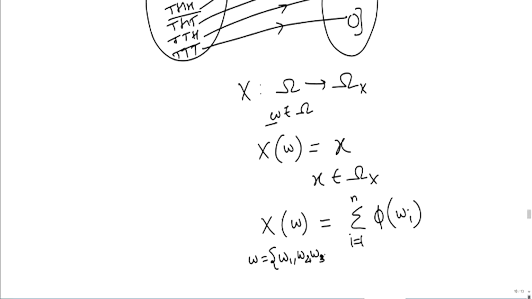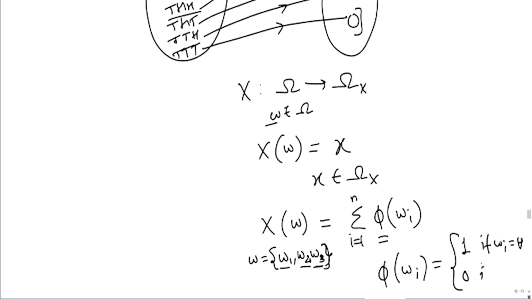Let us say omega 1 indicates the outcome on the first coin toss. It could be either heads or tails. Omega 2 indicates heads or tails on the second coin. Omega 3 on the third coin. Phi is an auxiliary or intermediate function, and what this function does is this: phi of omega i equals 1 if omega i is heads and 0 if omega i is tails.